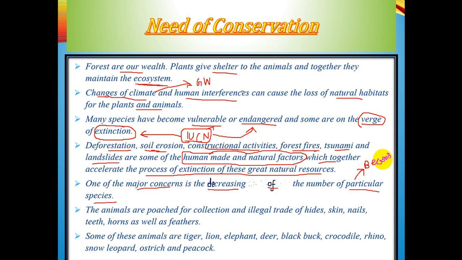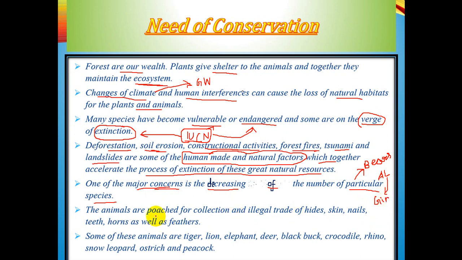The Asiatic lion is extinct for entire Asia except in India. It is there in Gir forest in Gujarat. So these species are gradually declining. So we have to be much more cautious. We have to enlist them, and by various steps we have to increase their number. That is why conservation is very much needed.